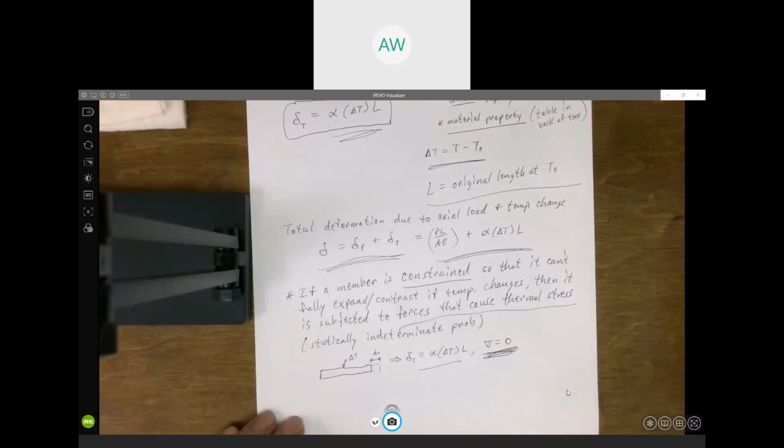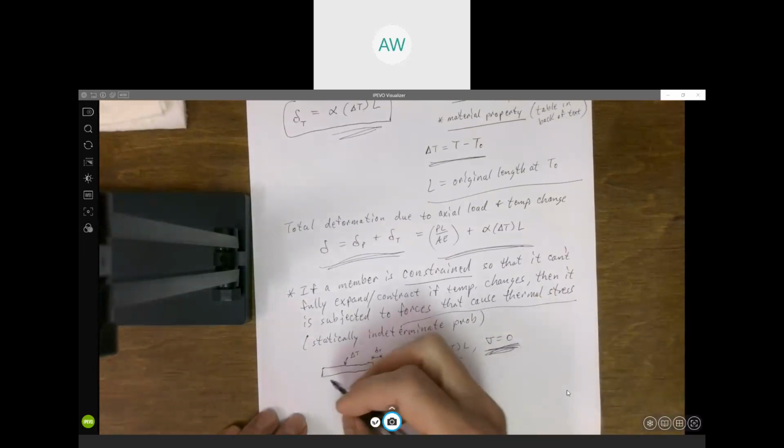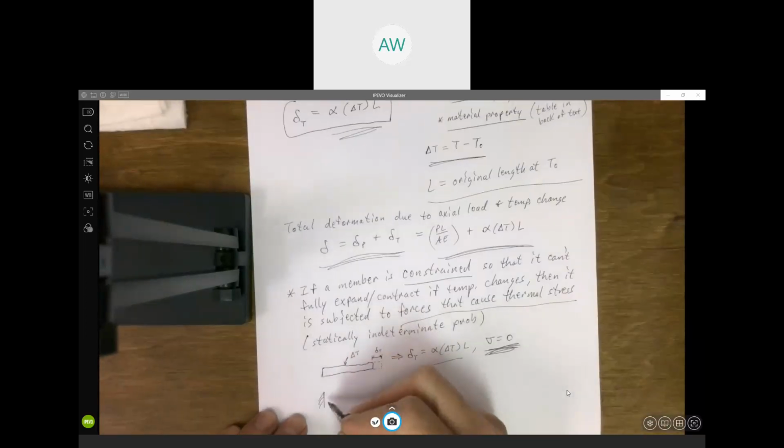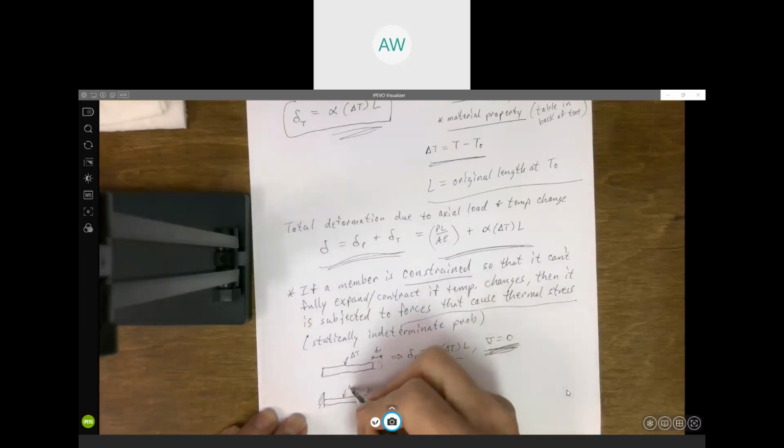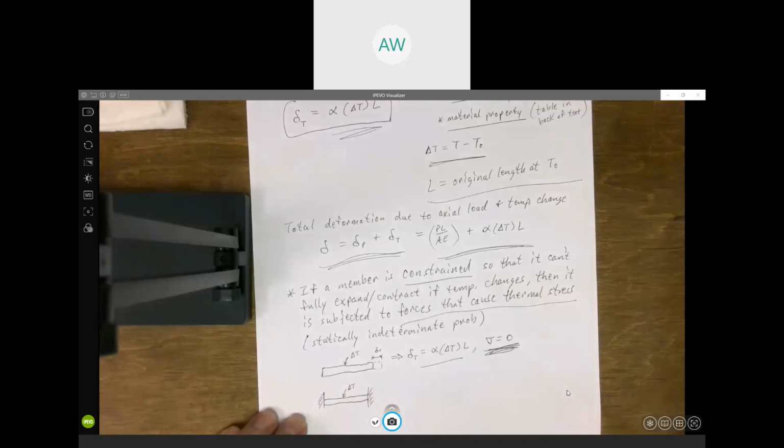Where we get stresses is if we constrain this thing. Maybe put this thing between two rigid walls and apply this change in temperature. In this case, if the temperature increases, it wants to get bigger, right? So it tries to expand.